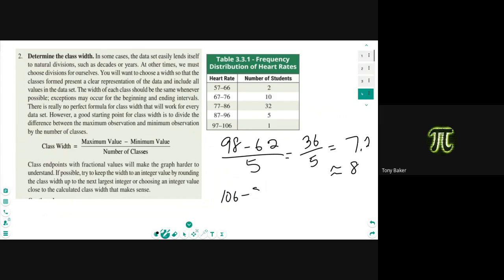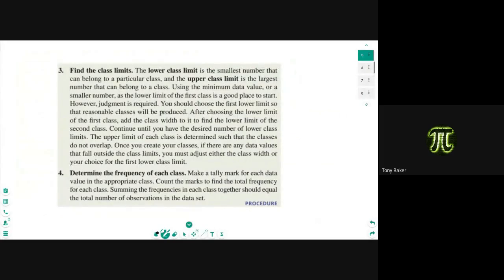So they did 106 minus 57 and divided by 5. They ended up getting 49, which is approximately 10. So they just chose a smaller number and a higher number to break theirs down. But if you're looking at the data, we would want to do class sizes of 8. All right.